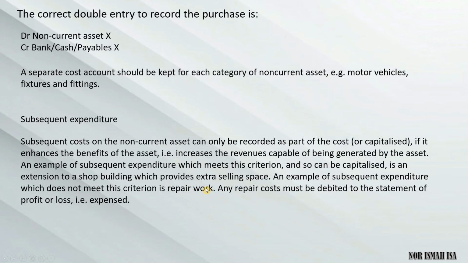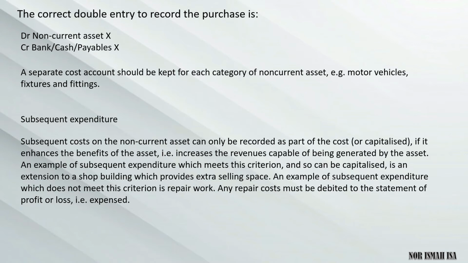For example, a company makes an extension to the shop building. By doing the extension, the company will provide extra selling space, so the company can put more inventory to be sold, so it will generate more revenue.